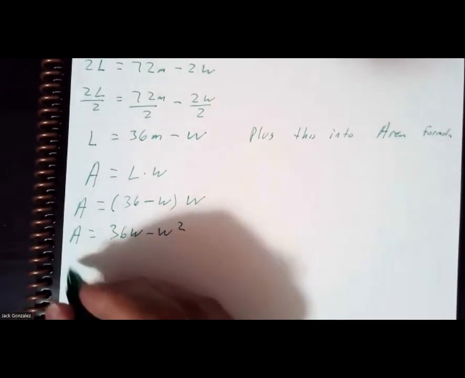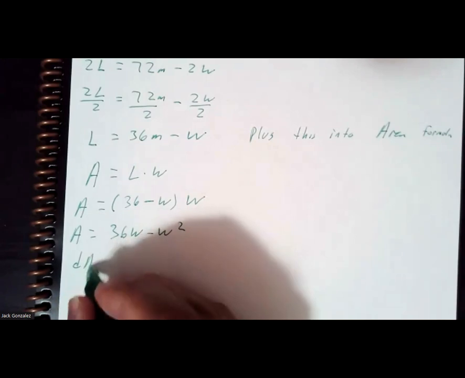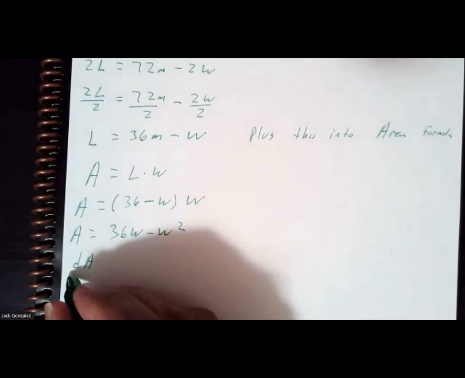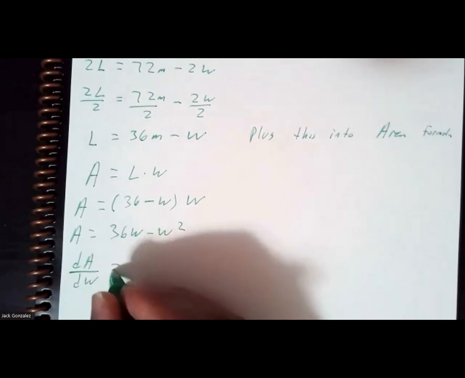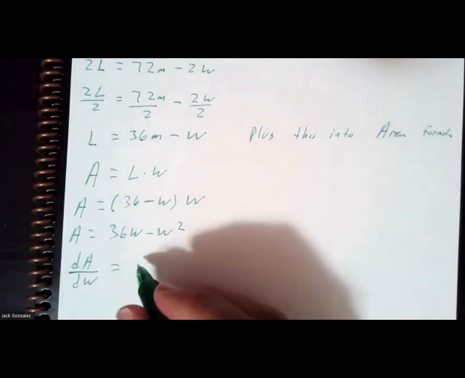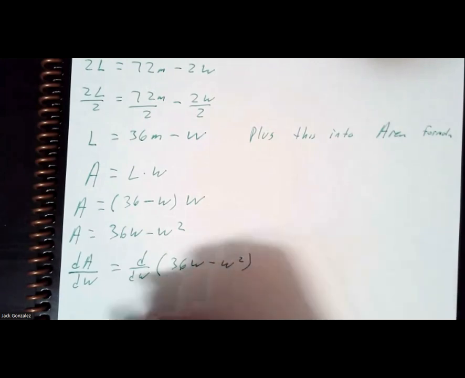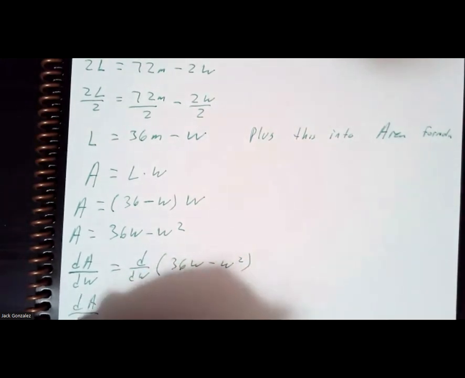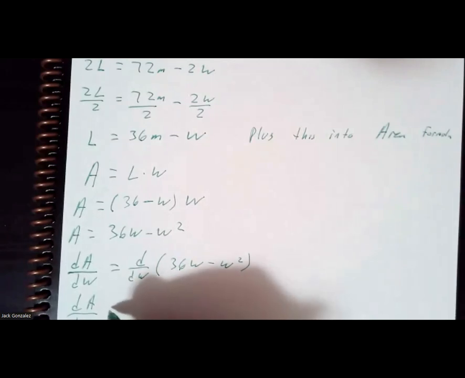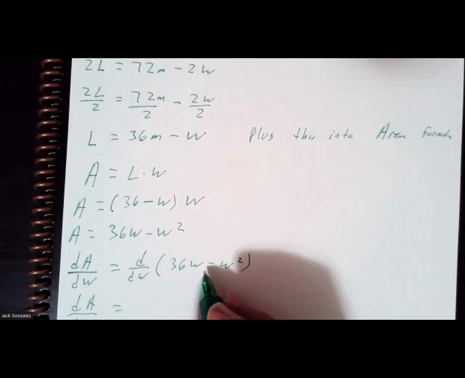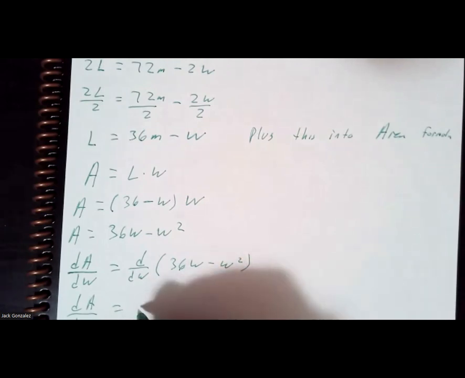So take the derivative with respect to width. The derivative of A with respect to W would be 36 minus 2W. Sorry, at first I thought the 36 was gone, but it's not.